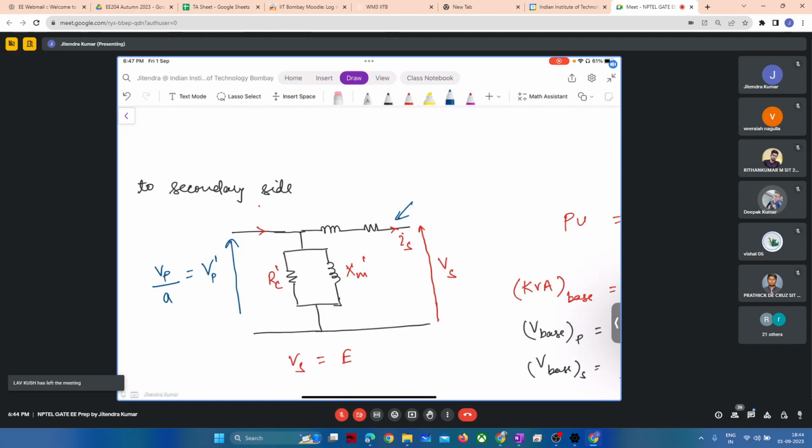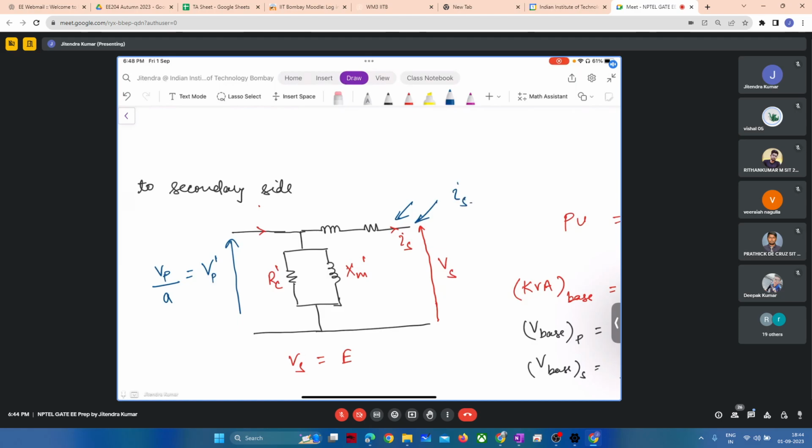Anyone want to say something? Okay, so the load is connected on the secondary side. It means we have to refer everything to the secondary side. So the first thing we need to do is compute Is.